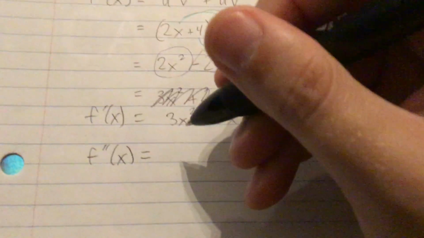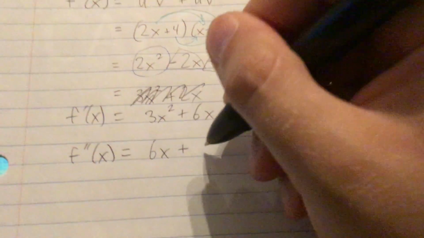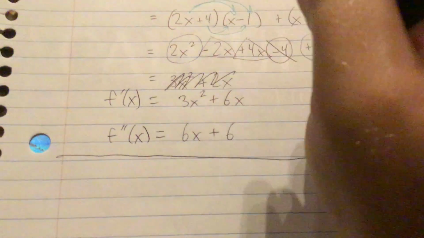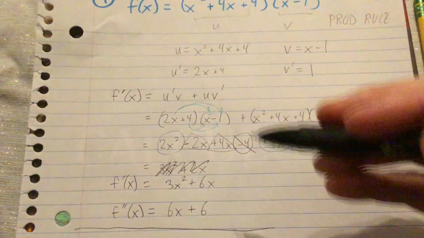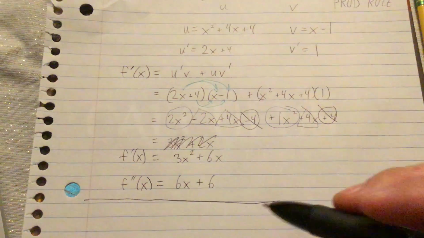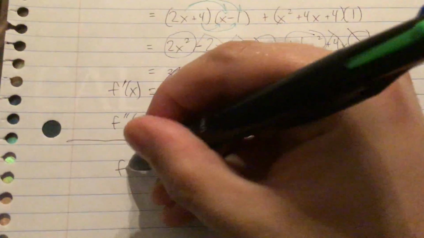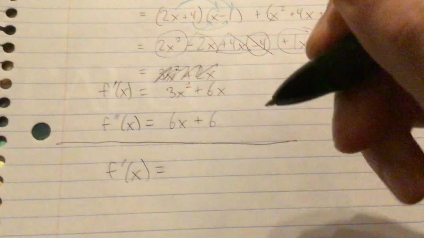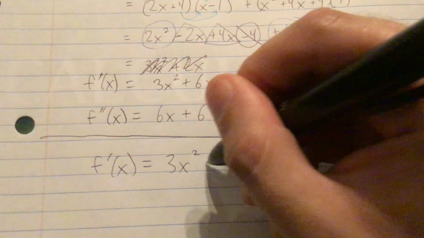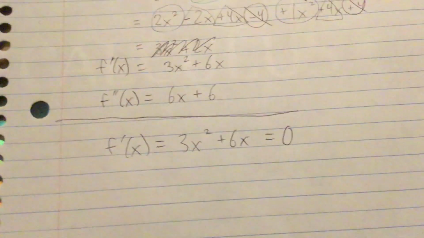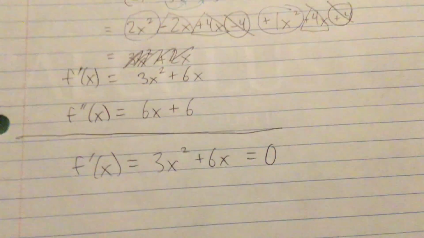And now my f double prime of x, that took a lot of work. F double prime of x should be 6x plus 6. Oh, thank goodness it didn't take that much work. So now that I've got my f prime of x and my f double prime of x, let's go. I'm going to set f prime of x, which is 3x squared plus 6x, equal to 0. Now let's factor out the GCF.